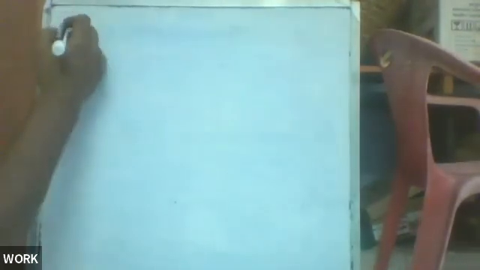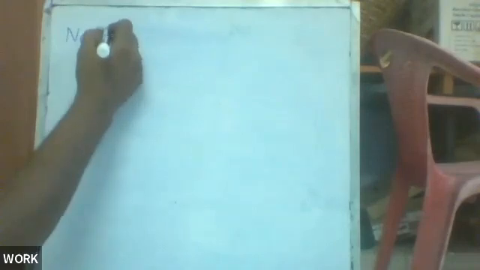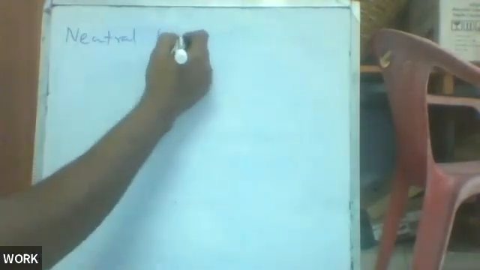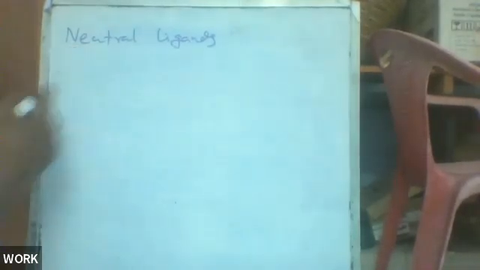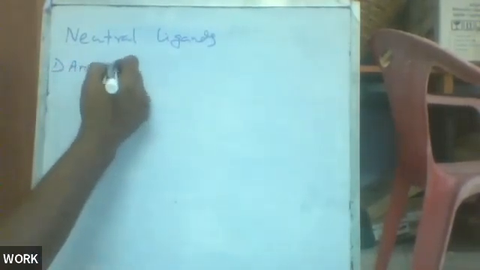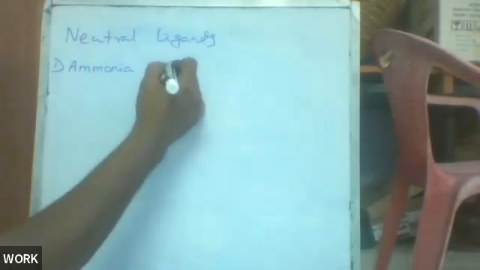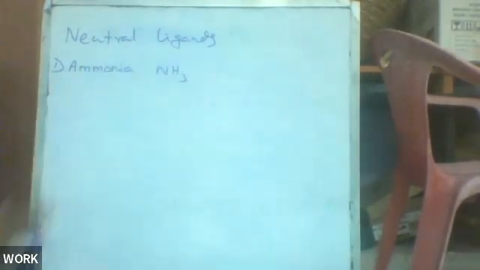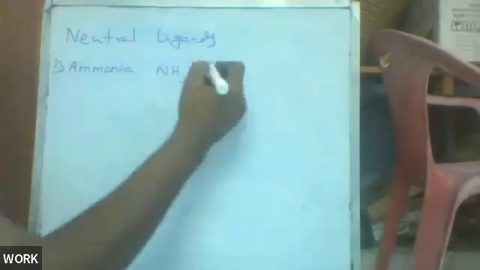First we'll have the neutral ones. So the name of the ligand also you have to keep in mind. Charge and name of the ligand. First, ammonia. Ammonia means NH3. So charge becomes zero.